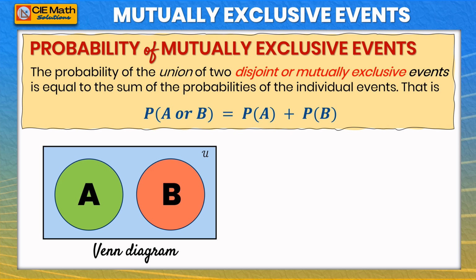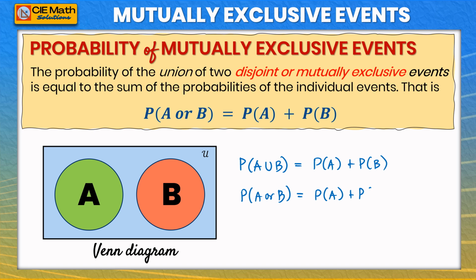So this suggests that the probability of A union B is equal to the probability of A plus probability of B. Now we take note that the probability of A union B is the same as probability of A or B, which is equal to probability of A plus probability of B. So if you see the word or the connector "or", that will suggest that you are combining those two events, A and B. So A union B.